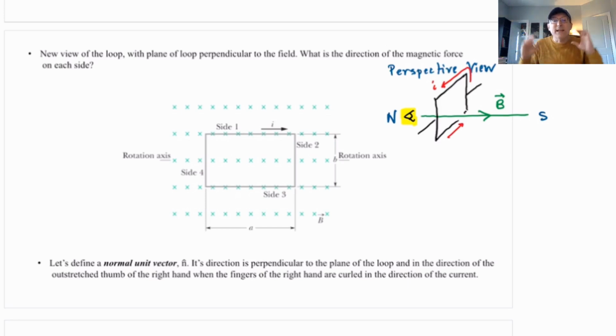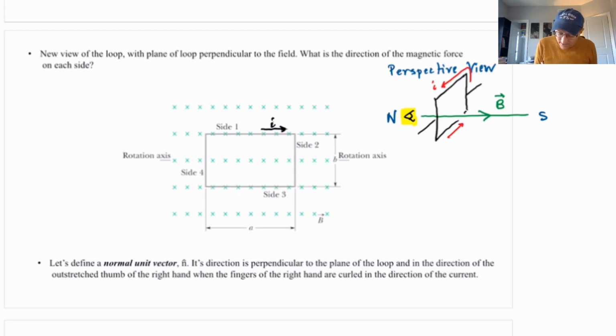Okay, we would see a rectangle. We would see conventional current flowing, I, counterclockwise around the loop. It never disappears. It doesn't dissipate. It's just going around and around and around. We've labeled the rectangle with four sides. Side 1 at the top, side 2 at our right, side 3 at the bottom, side 4 at our left.